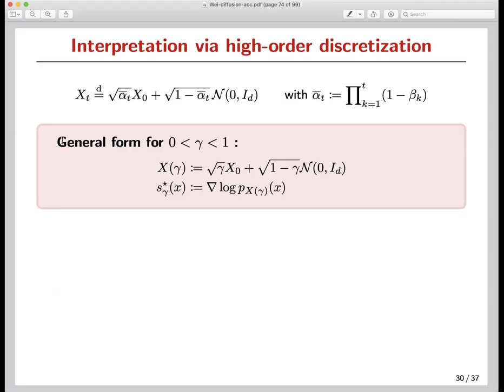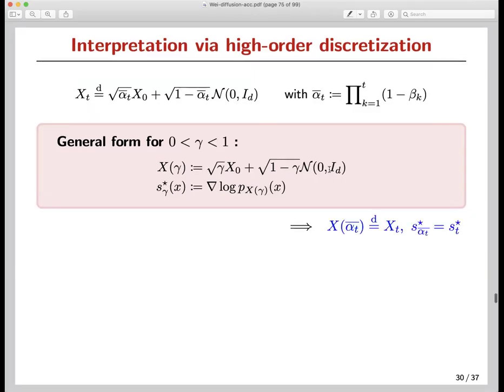If we write a general form for this forward process, we can introduce this parameter gamma, a number between 0 and 1, and denote x gamma in the following. This is a combination of your target distribution and random Gaussian noise.